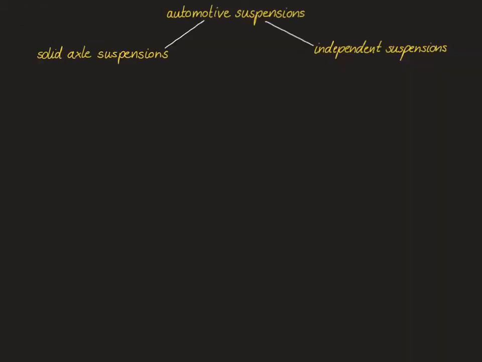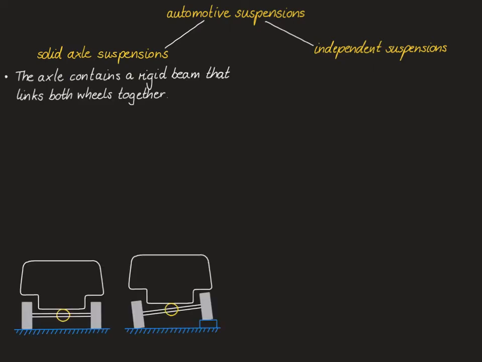Automotive suspensions can be characterized by falling into one of two groups. First, solid axle suspensions, and second, independent suspensions. Solid axle suspensions are such that the wheels are mounted to a rigid beam, which represents the axle itself and links the wheels together in the sense that they cannot move independently of each other.